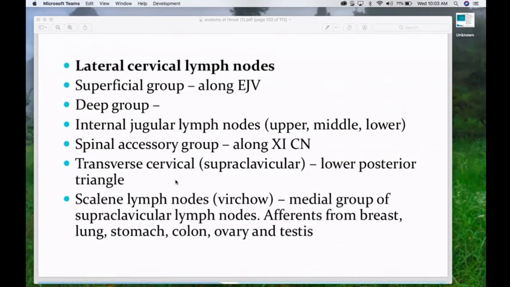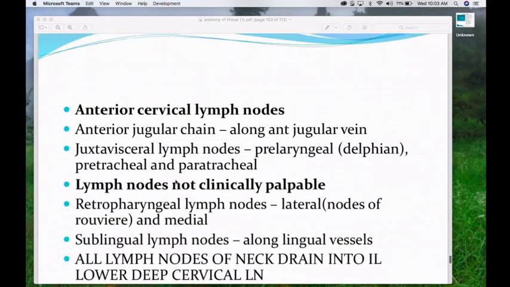In the lateral cervical lymph nodes, the superficial group is along the external jugular vein, and the deep group is the internal jugular lymph nodes, upper, middle and lower. Spinal accessory group, transverse cervical, supraclavicular and lower posterior triangle.